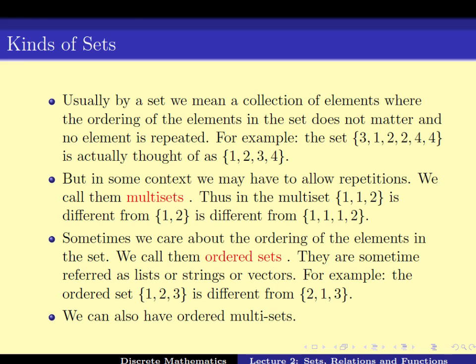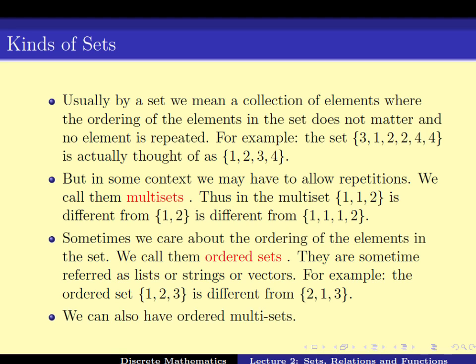Now, there can be different kinds of sets. So here I have defined 4 different set styles, and this is very important for setting up the notational framework. Firstly, when people talk about sets, they usually mean a collection of objects where repetition is not allowed and the ordering doesn't matter.